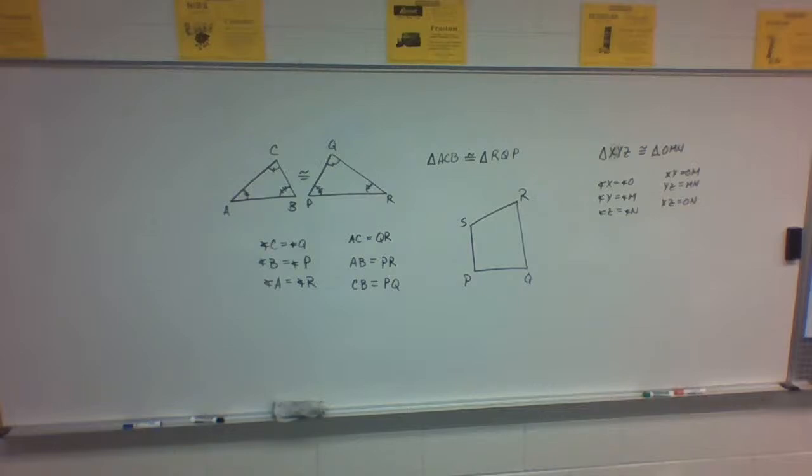That's how we're going to assume that that's true in this room as well. So 1 and 4 are going to be equal. What about 2 and 3? They go together. Okay, so we got all 4 sets of angles: 2 right angle pairs in A and C and B and D, and then 2 sets of alternate interiors, 1 and 4 and 2 and 3. So we got all the angles.